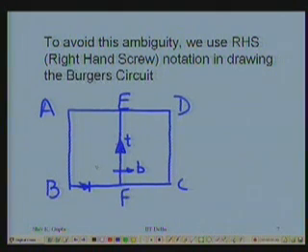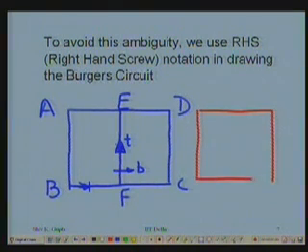Let me ask a question. If I had chosen the direction of the dislocation line the other way, which way shall you draw the Burgers circuit?